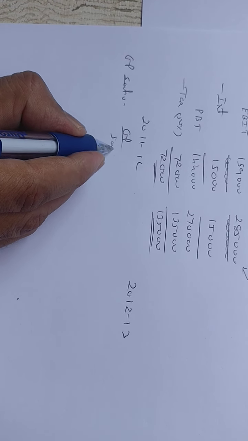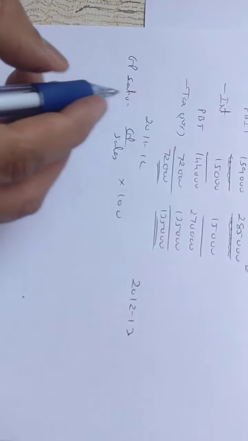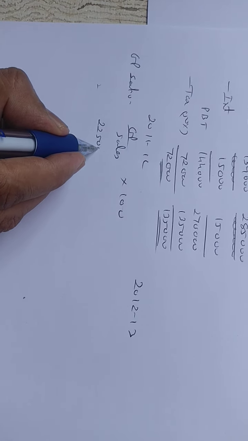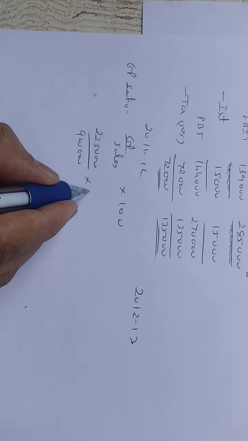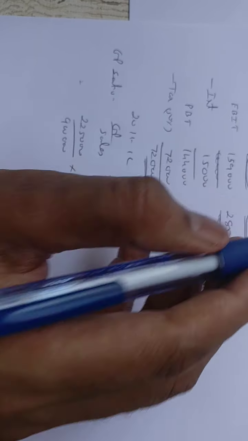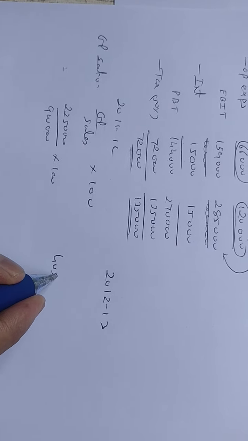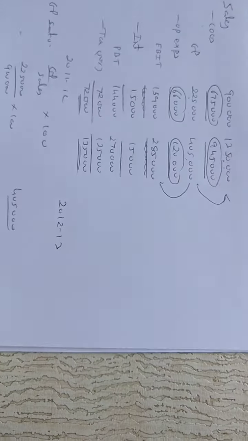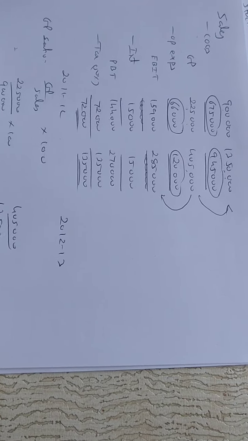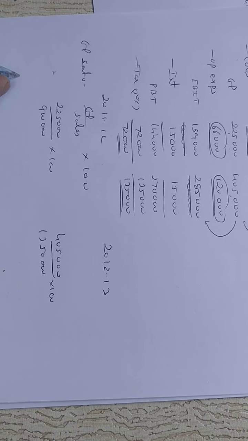Very easy formula: GP upon sales into 100. GP given 2,25,000, sales given 9 lakh into 100. Same way in second year, GP given 4,05,000 and sales given 13 lakh 50,000 into 100.